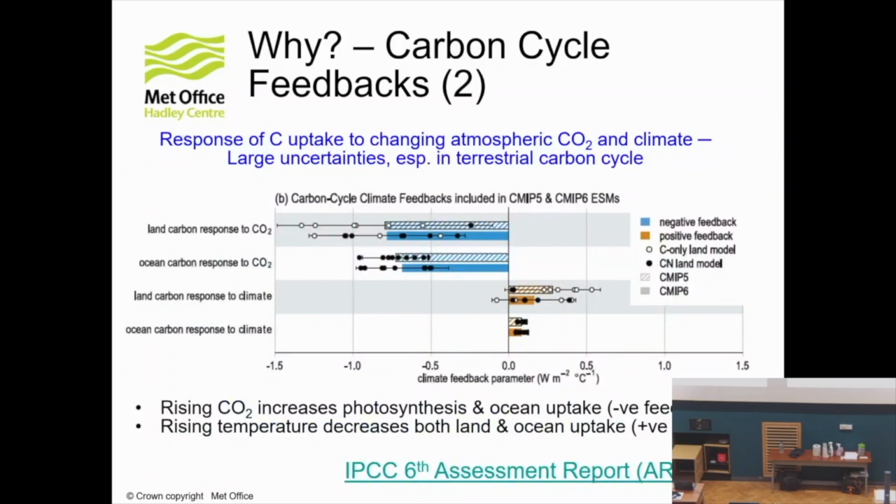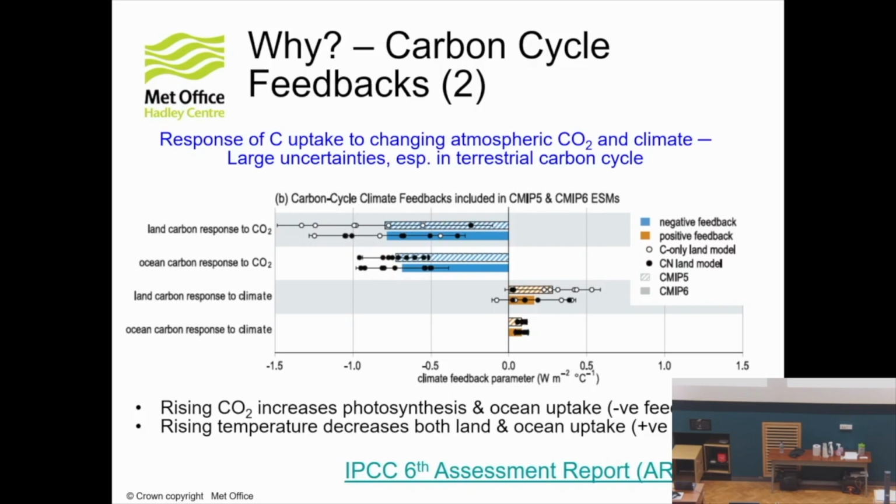So again, this slide has been taken from the 6th Assessment Report from the IPCC, published last year, and effectively is showing the response of both the land and the ocean to both changes in carbon dioxide and to climate.